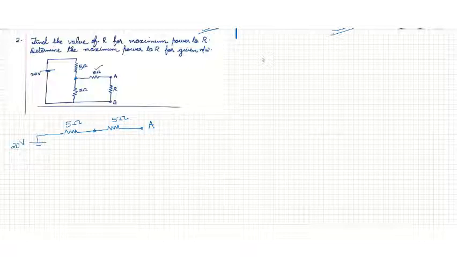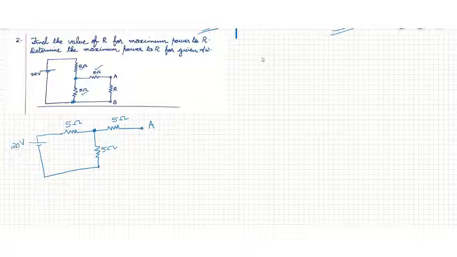Now from this terminal, that means from here, a 5 ohm resistor to the negative terminal of the 20 volt source. Another terminal of that 5 ohm is connected to the negative terminal of this 20 volt source.